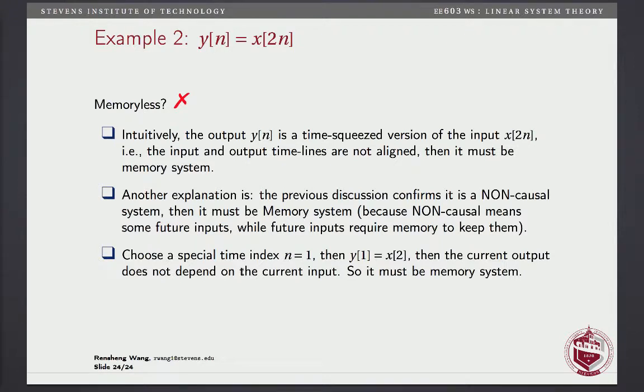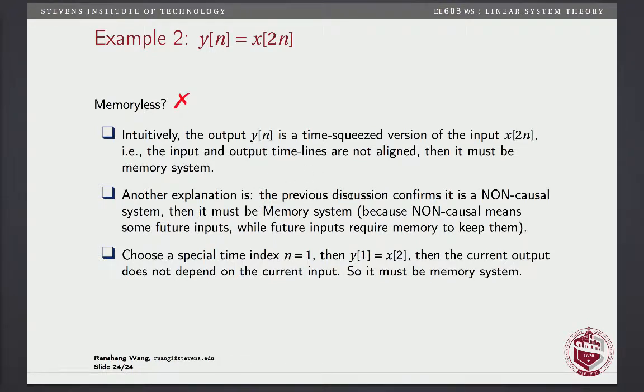How about memoryless? Again, this is not a memoryless system. That's a memory system. Why? Again, because you have time squeezing. The time squeeze means the input and output timelines are not aligned. So you must have some memory to remember what happens between the time index difference. You can also think about it this way.